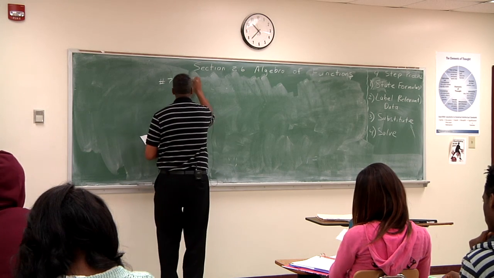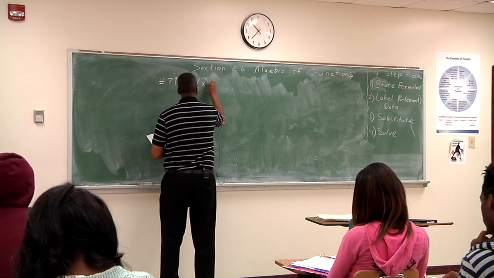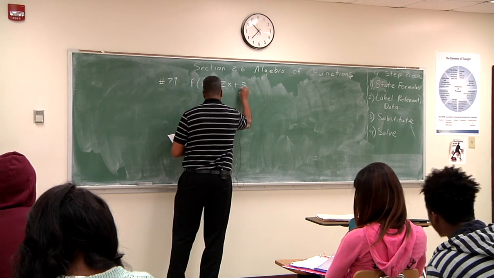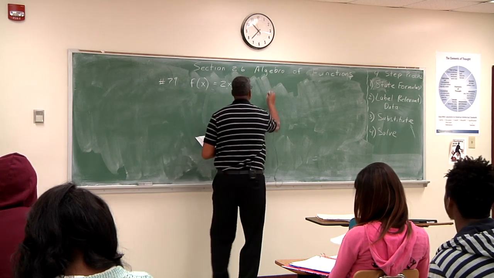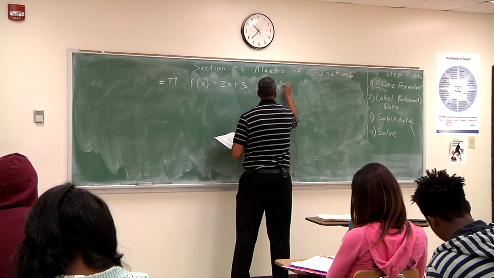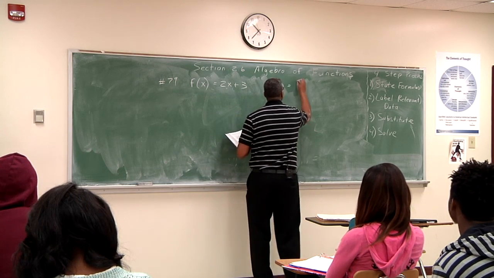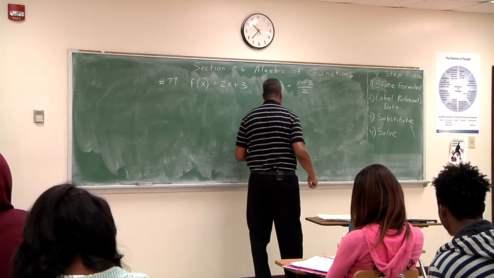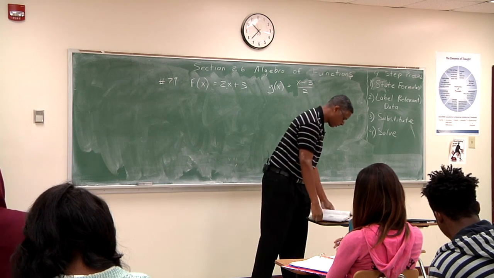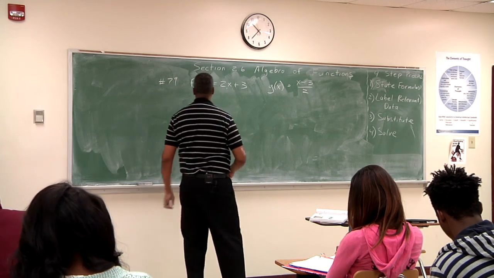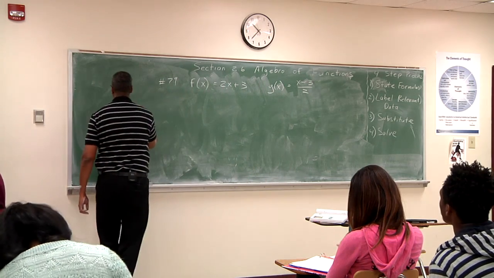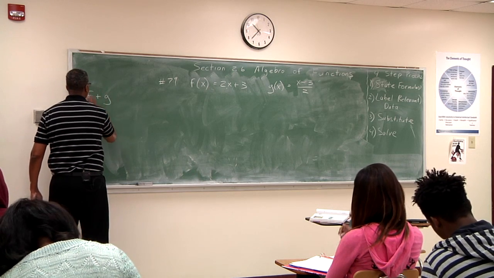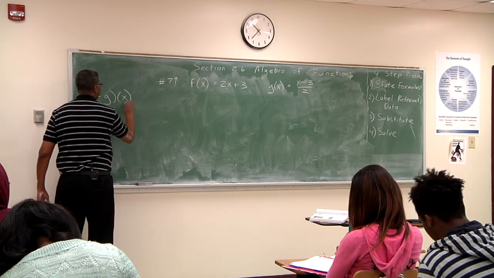We have f of x equals 2x plus 3. g of x equals x minus 3 over 2. Okay? First thing we're going to do is find f plus g evaluated at x.